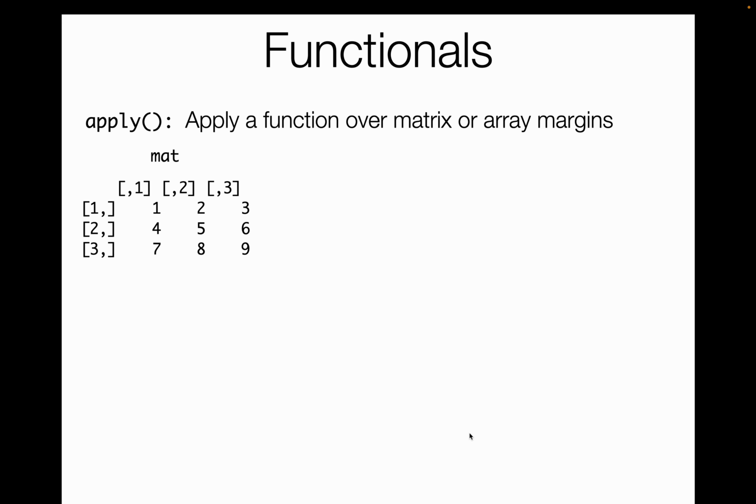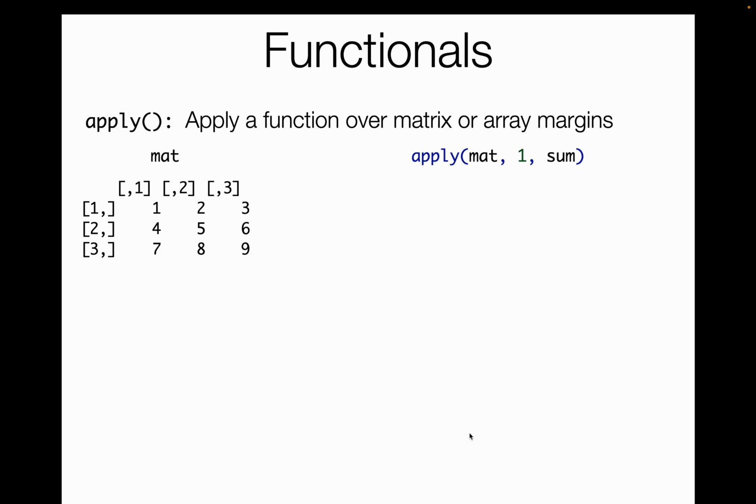Apply applies a function over a matrix or array margin. So if I have a matrix and I want to sum the rows or sum the columns, I can do that. Here, apply takes in three things: the matrix that it's summing, or you can think of it as a data frame sometimes.